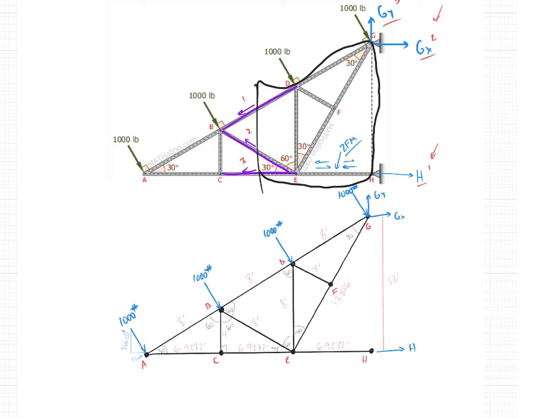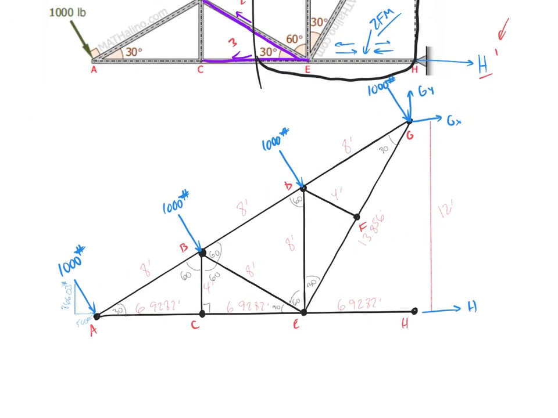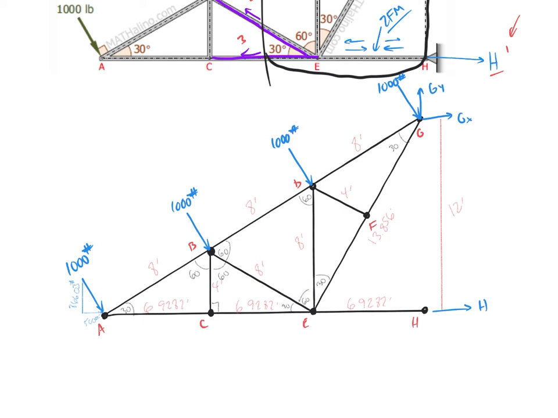Okay, so I think this is a pretty good representation of global equilibrium. You'll notice I put all the distances in a pencil-y looking red, and the forces in blue. Hopefully that makes things stand out, and the angles are in pencil-y gray.